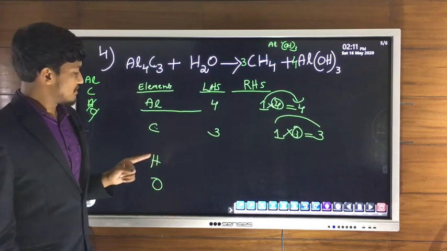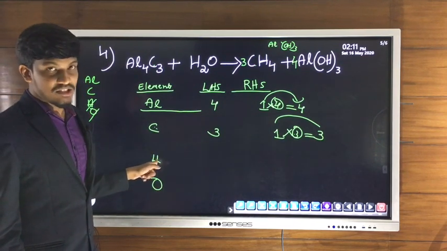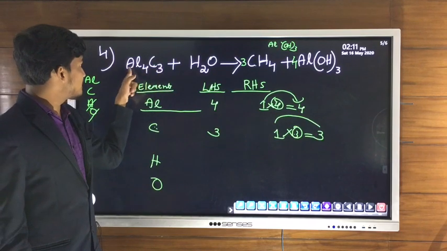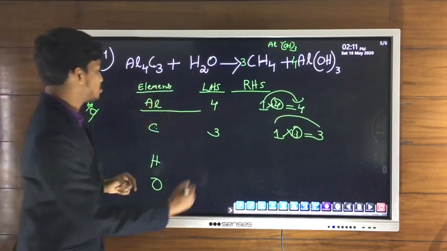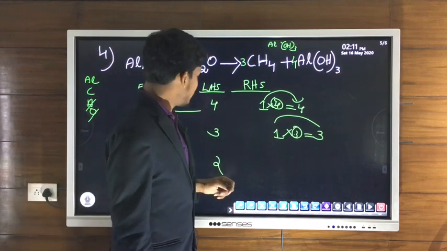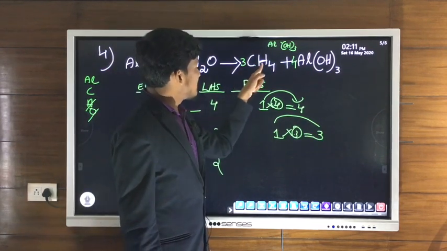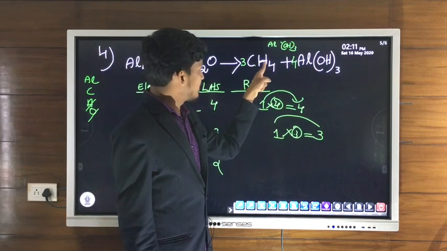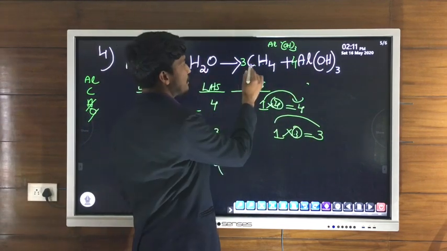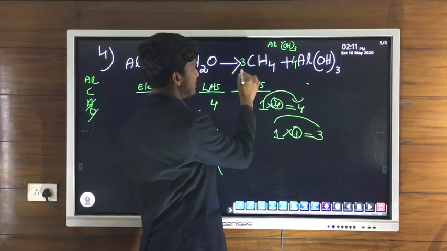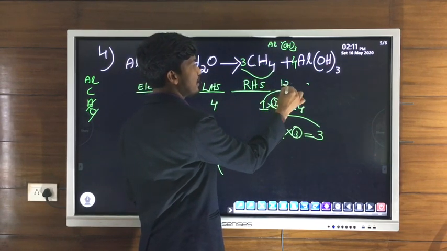Next one, hydrogen. There is no hydrogen in the first reactant. It is in the second. Number of hydrogen, 2. And on the right, hydrogen is in both products, so we have to consider both. From 3CH4, how many hydrogen atoms? 3 into 4, 12.